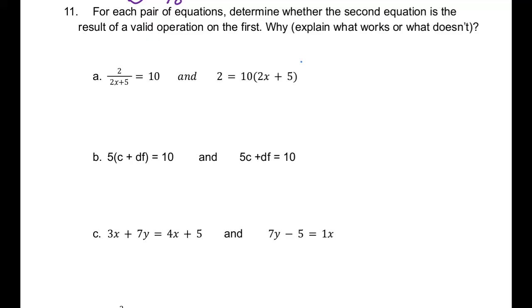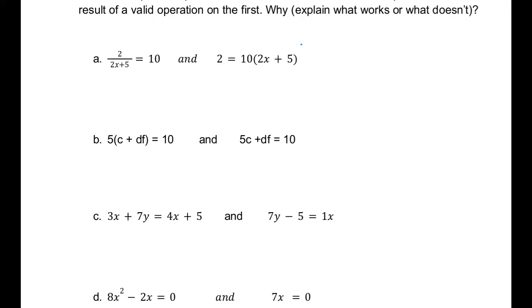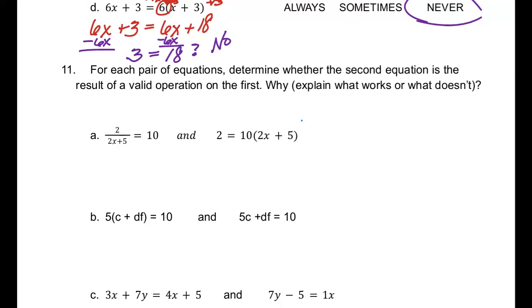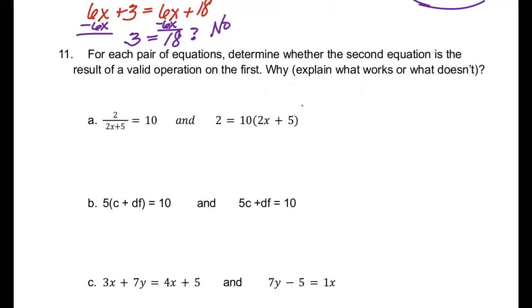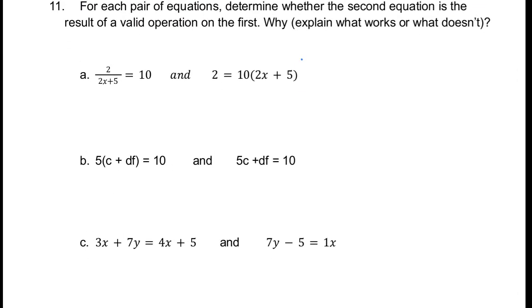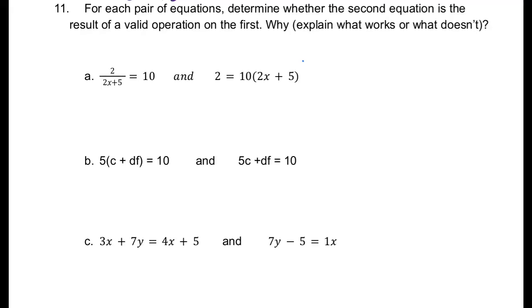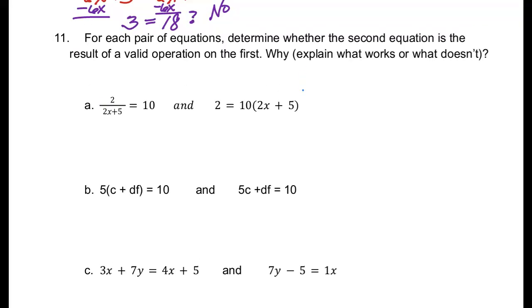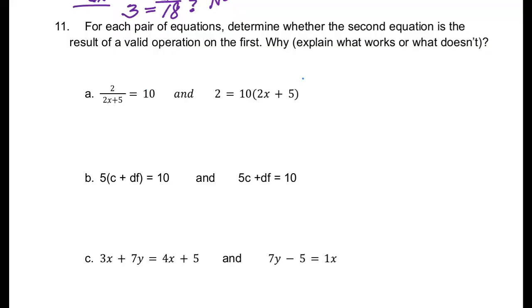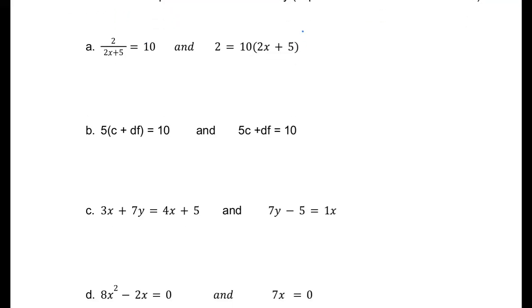Oh wait, 2 divided by 2x plus 5 equals 10. Is that the result of a valid operation to give 2 equals 10 times quantity 2x plus 5? Determine whether the second is valid. So I guess you're saying yes or no and why.